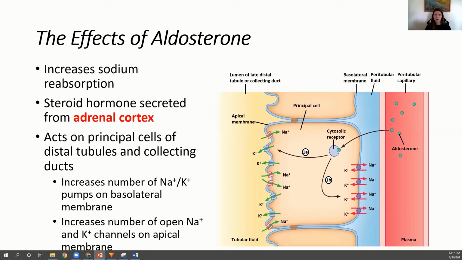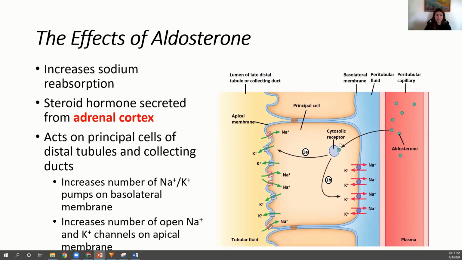So aldosterone also increases the number of sodium-potassium pumps on the basolateral membrane. So it's letting more sodium into the cell, and it's also making sure that the inside of that cell doesn't get too concentrated with sodium by actively pumping that sodium into the peritubular fluid.